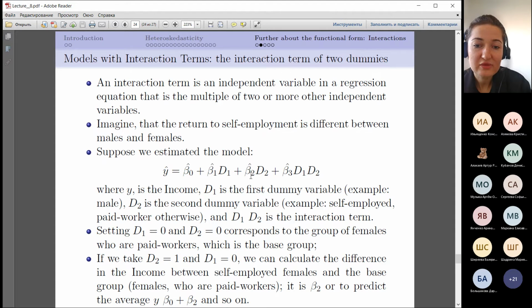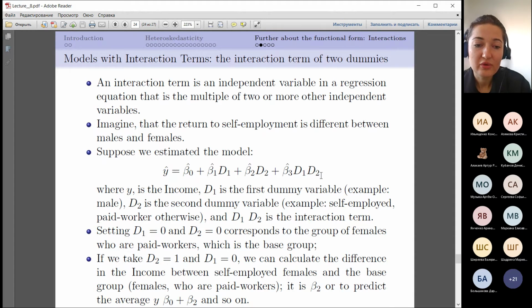So the difference will be presented here in the beta 2 coefficient. So it's beta 2, or if you want to predict the average effect of your dependent variable, you can just summarize beta 0 plus beta 2 and so on.